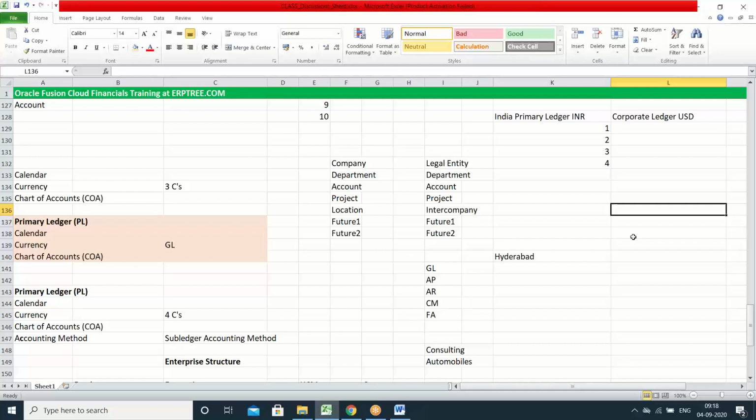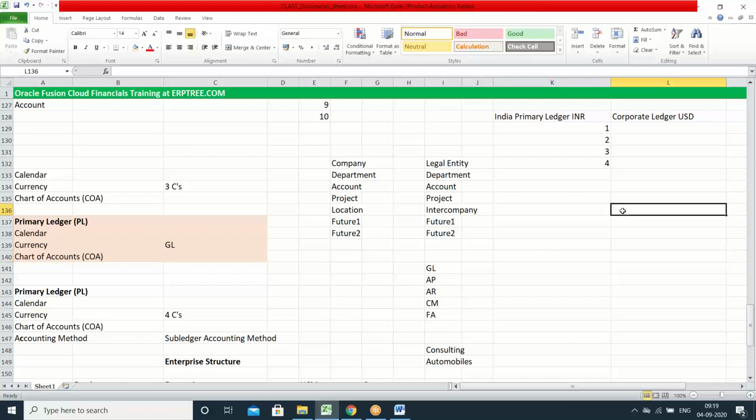Legal entity is equal to business unit, which is equal to the branch where you are operating the business. Everything is one only. If you are recording the transaction with the legal entity, that means you are recording the transactions for the Hyderabad location only, the Hyderabad business unit. This is how you can have a segment name as a legal entity also.